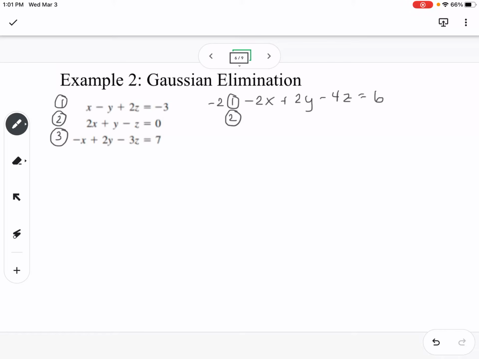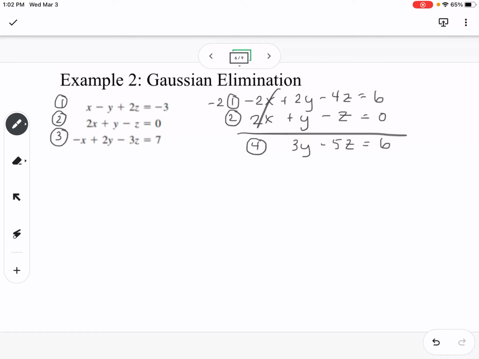We keep the second one the same, 2x plus y minus z equals 0. If I add those together, the x's will cancel, and I will get 3y minus 5z equals 6. I'm going to call that equation 4.